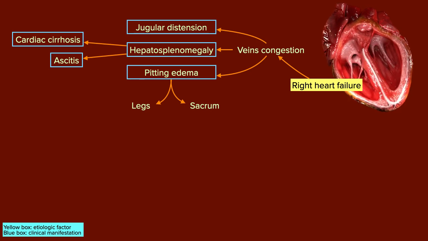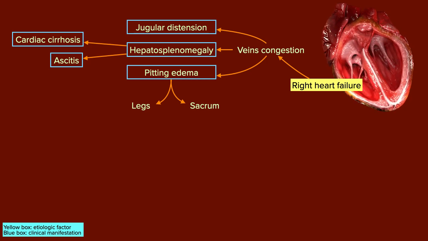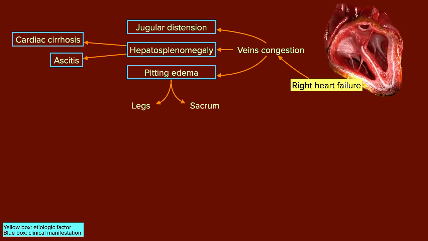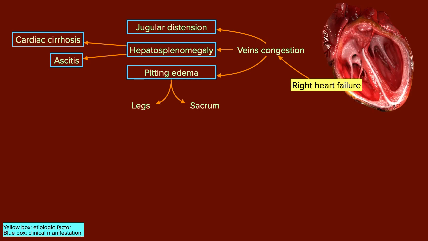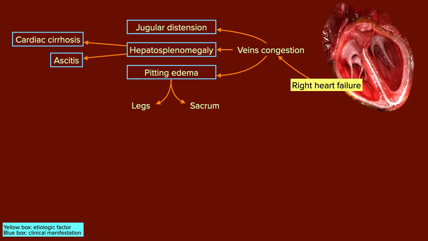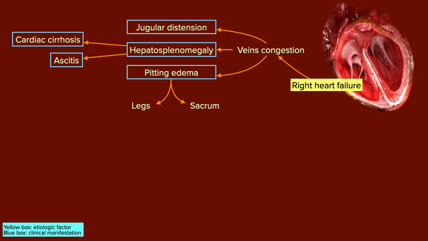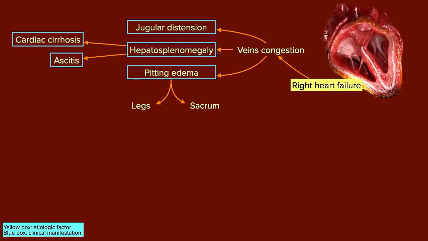This generally affects the legs because gravity causes the majority of the fluid to pool in the dependent parts of the body, which are the legs when you are standing, or the sacrum, essentially the lower back, when you are lying down.